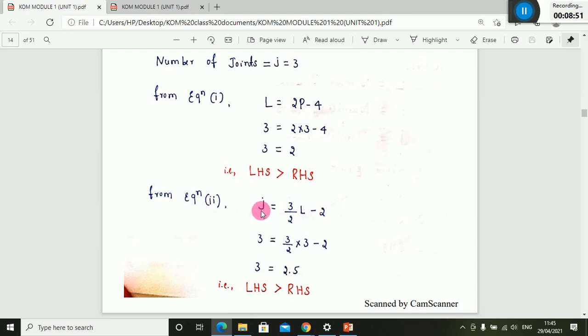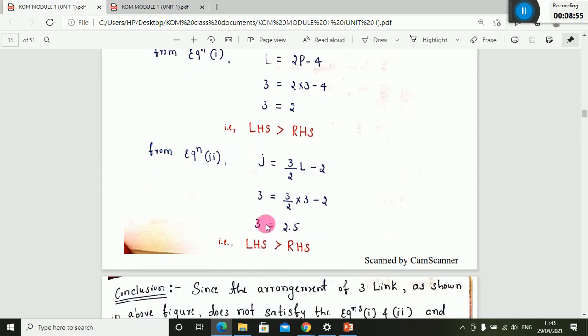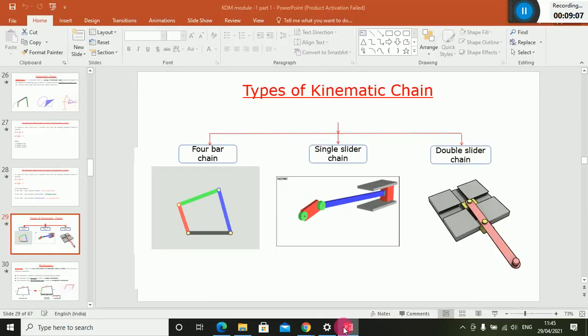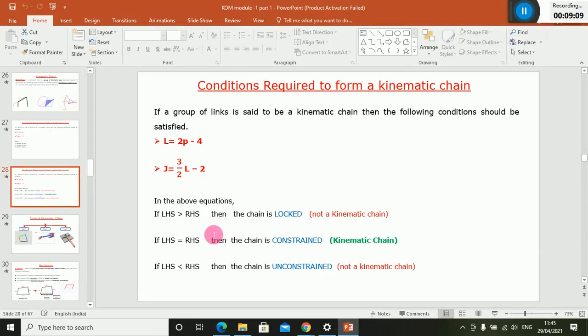Again, after substituting the values of the number of joints and number of links, LHS is again greater than RHS. So this comes under the first case, as I explained. If LHS is greater than RHS, I can call such a combination of pairs a locked chain.